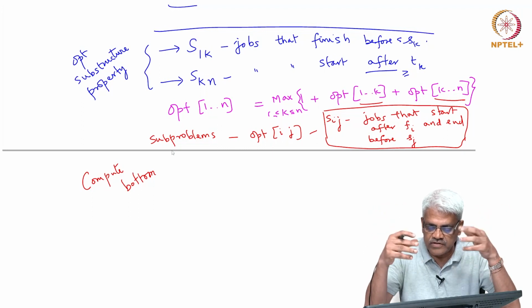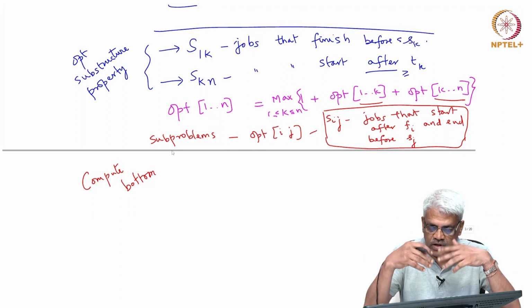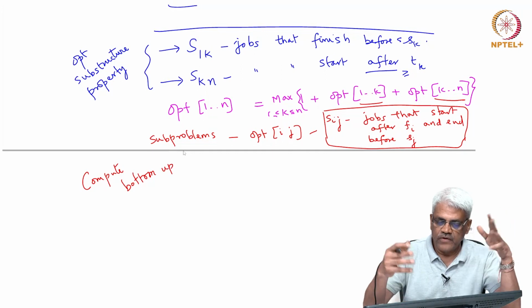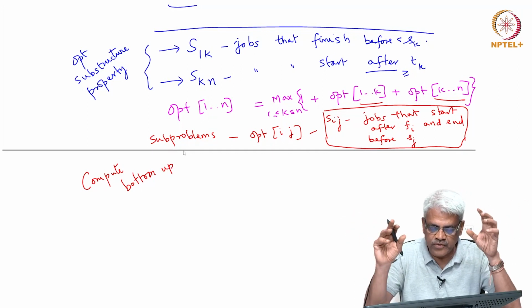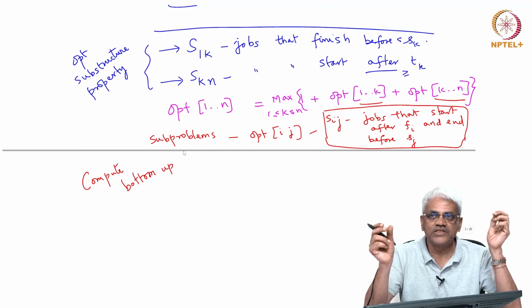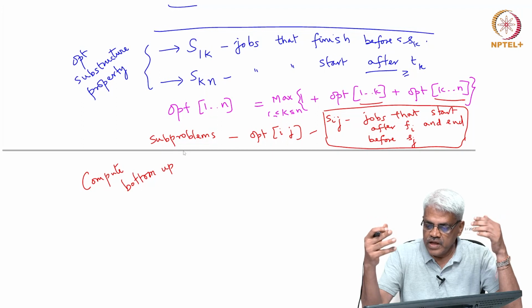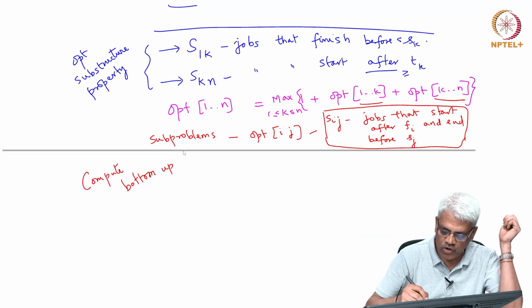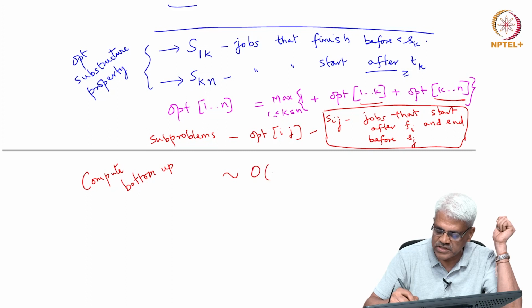Opt i is just 1, and then you can eventually find the optimum number. The number of sub problems will be i to j, some n square segments, and each one requires some n time, since it is a max over i to j. So I'm going to just say n cube time.